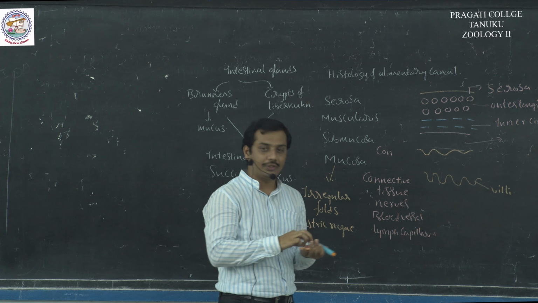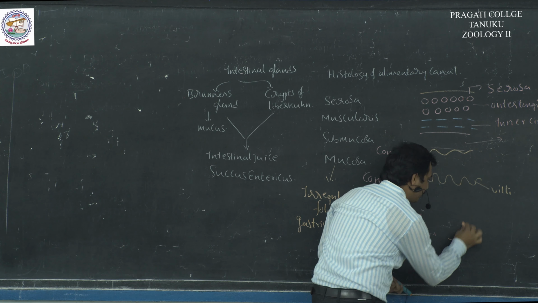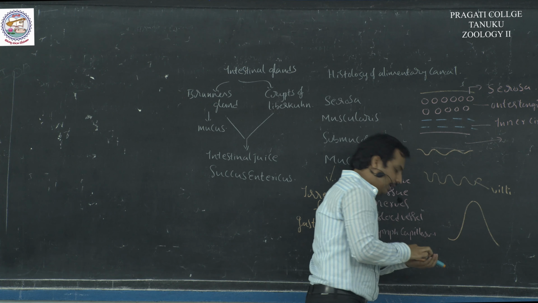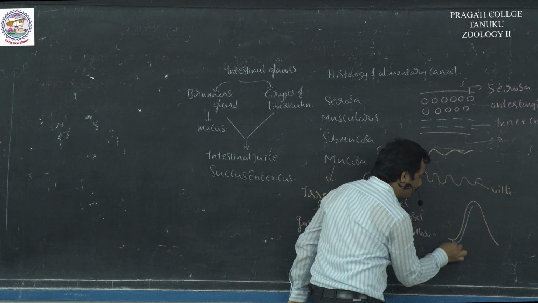Let us see the structure of the villi. These are nothing but finger-like projections, and they are lined by columnar epithelium.